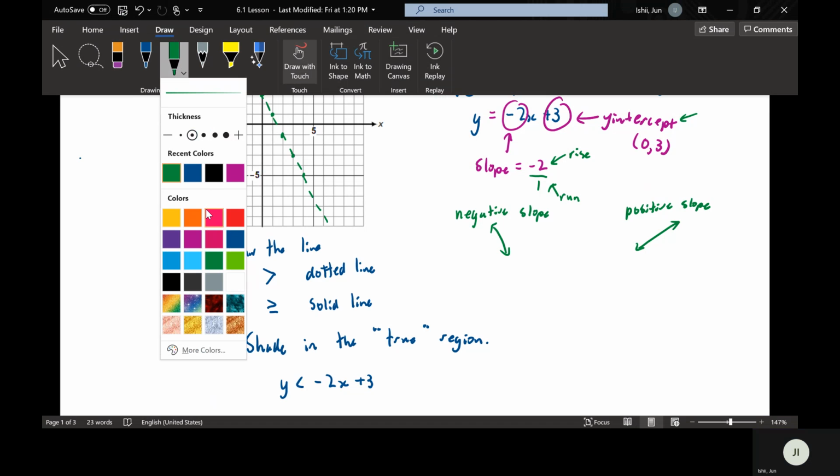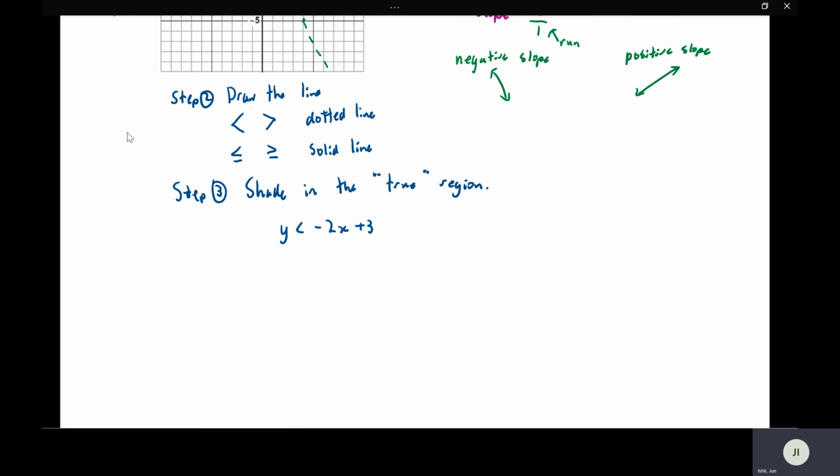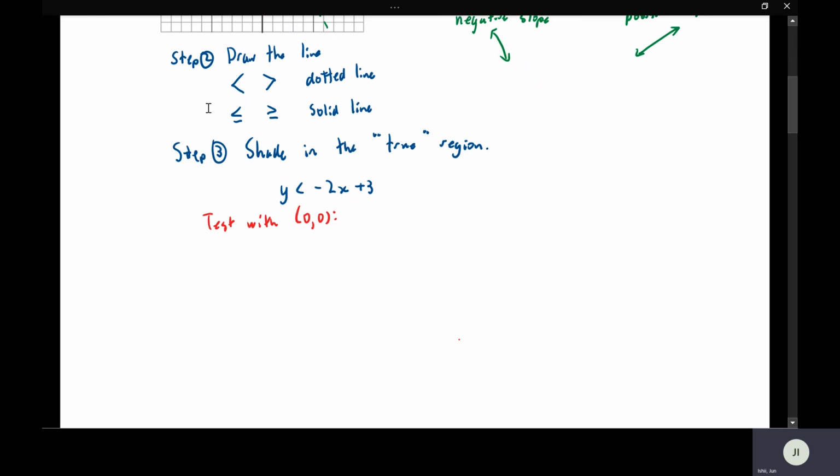So I'm going to test with the point 0, 0. It's important that you choose a point that's not actually on the line, so we cannot use a point that's on the line. 0, 0 is probably the easiest one to plug in.